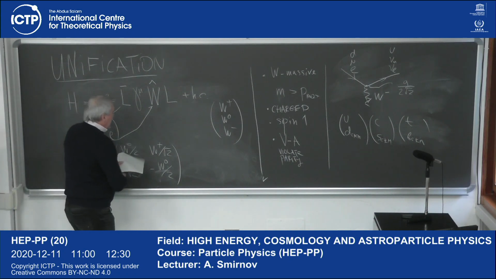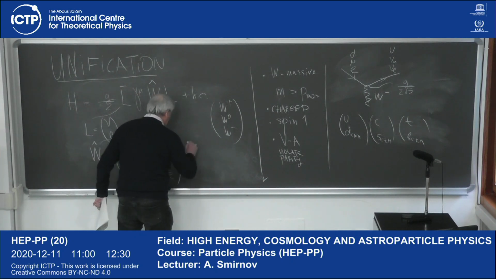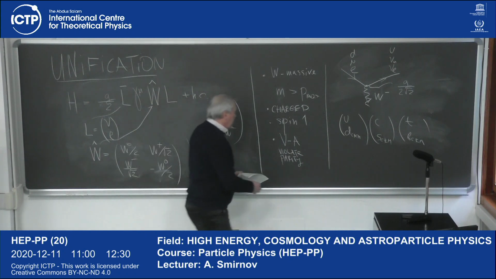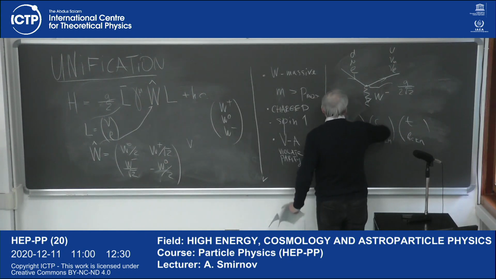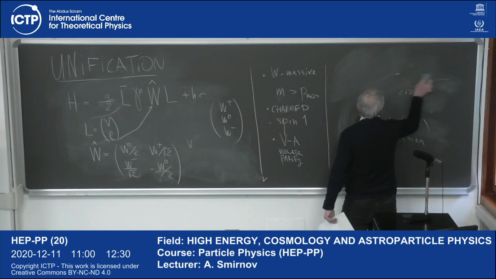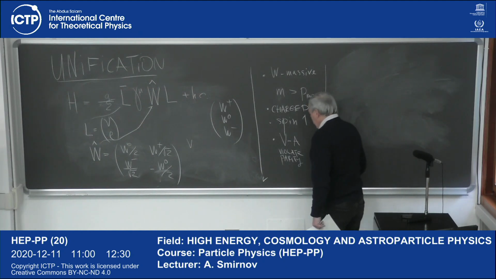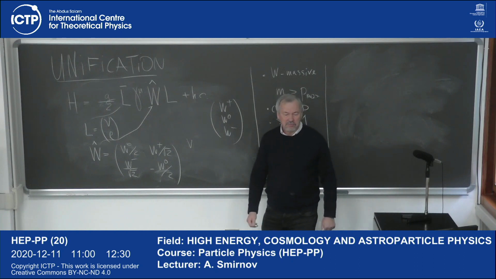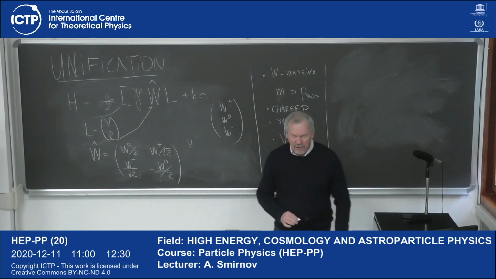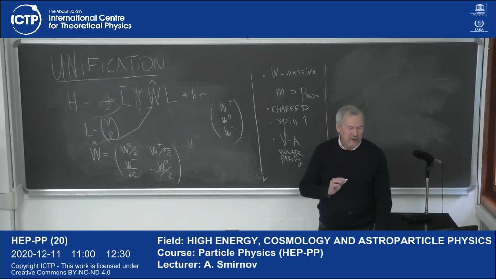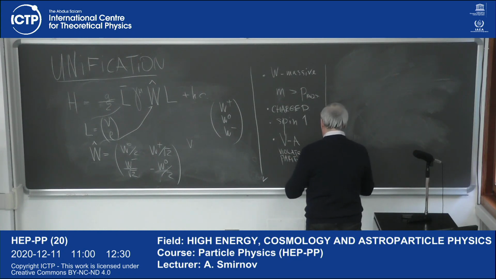Now the question is, can we identify W0 with the photon? By the way, before I continue with this, let me say that by that time Yang-Mills theory had already been developed, showing how to construct invariant Lagrangians for a non-abelian group, because here we are discussing SU2, which is a non-abelian symmetry group.